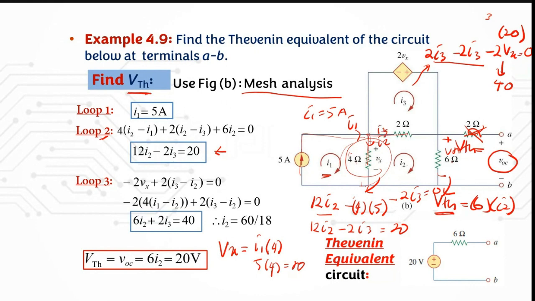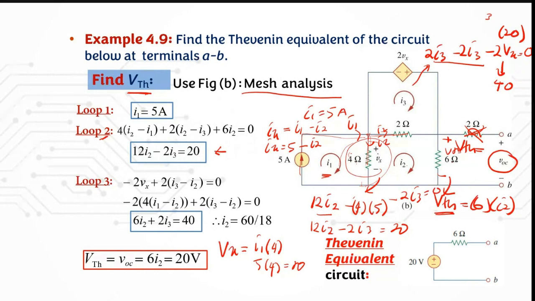So in order to get Ix, Ix is actually equal to I1 minus I2, which is Ix equal to 5 minus I2. So this is your Ix.